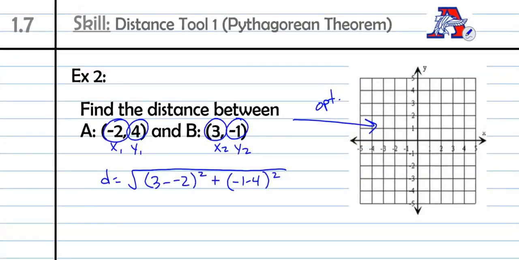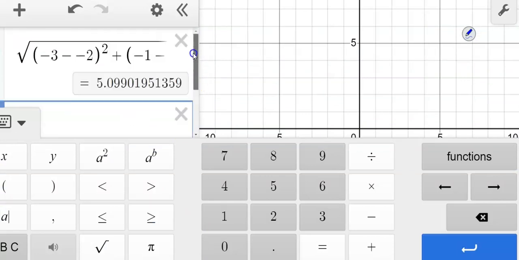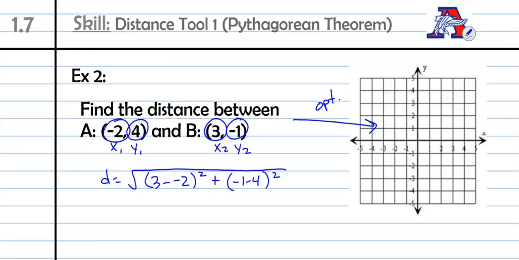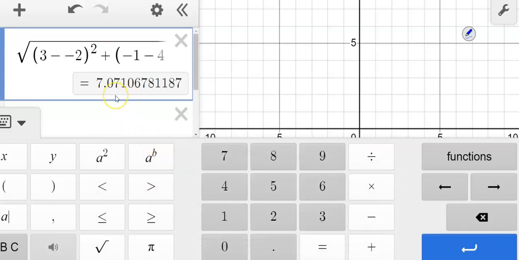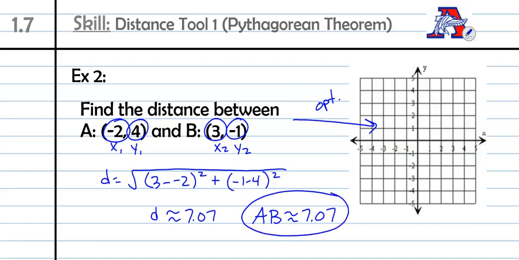Oops. That should have been a positive 3, shouldn't it? Yes, 3 minus negative 2. All right. I shouldn't have done it that way, but that's okay. We got there. So final answer should be approximately 7.07. Or AB is approximately 7.07. That's about the best way that we could write that answer.